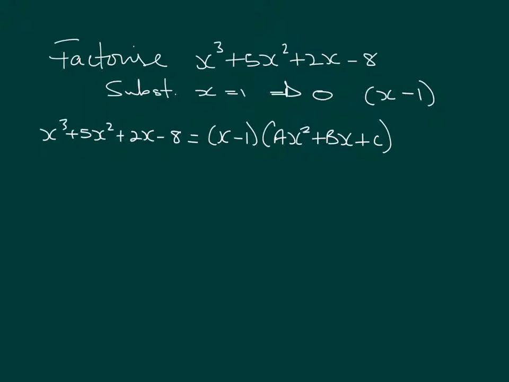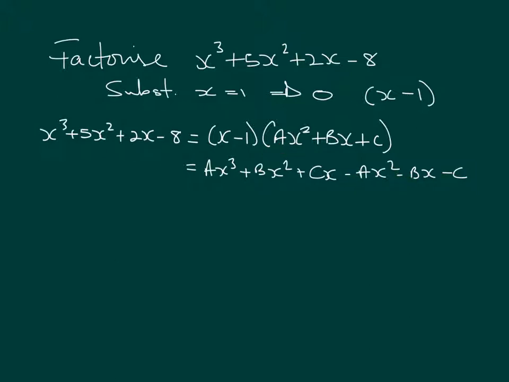First job, as you might have guessed, expand that bracket. Because I've done it before, I'm just going to pause the video here and write it out. Okay, so all I needed to do: x times ax squared is ax cubed, x times bx, bx squared, x times c, cx, and then 1 times my ax, they're all going to be minuses down there.